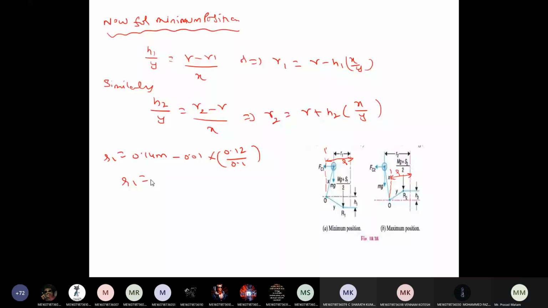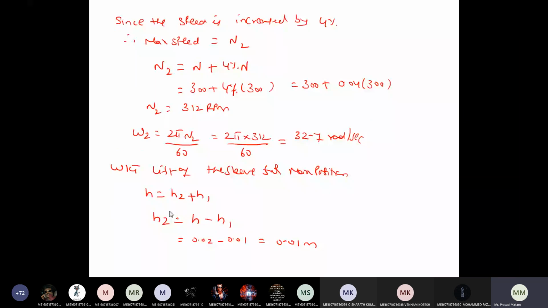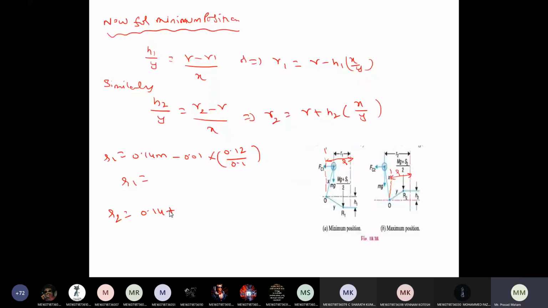Similarly, get the r2 value also. For r2, r is equal to again 0.14 plus h2. What is h2 we are getting? You can see here again, h2 is 0.01 meter. Okay, already earlier we assigned 0.01 into 0.12 by 0.1.